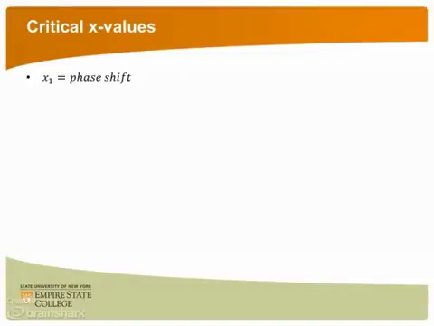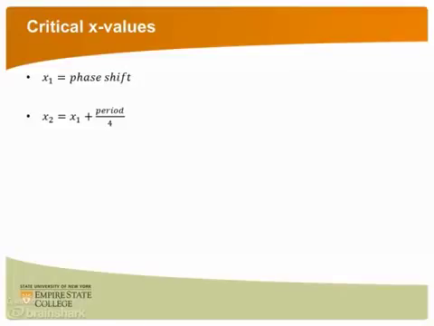Finding the x values used to graph our function takes a little work. X sub 1, the first x value we consider, is our starting point. This x is the value of the phase shift. Dividing the period by 4 tells us what we will be counting our x values by.